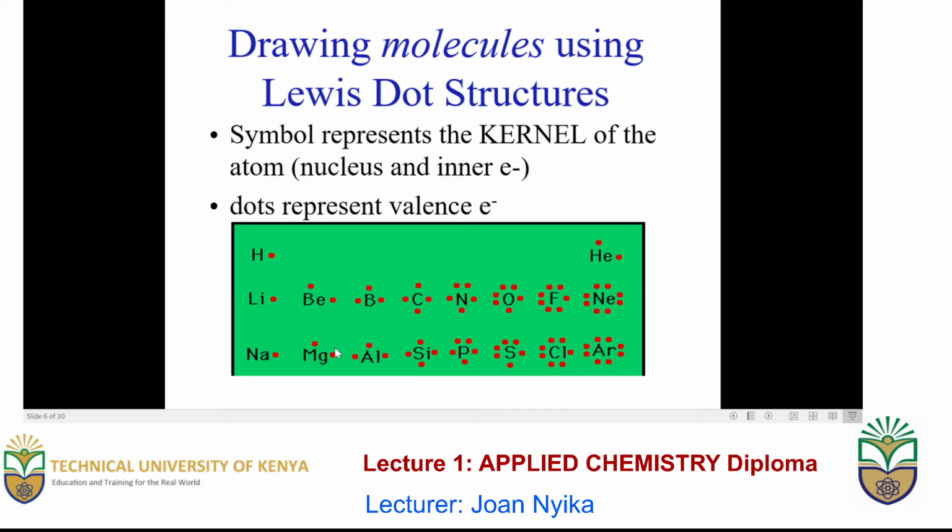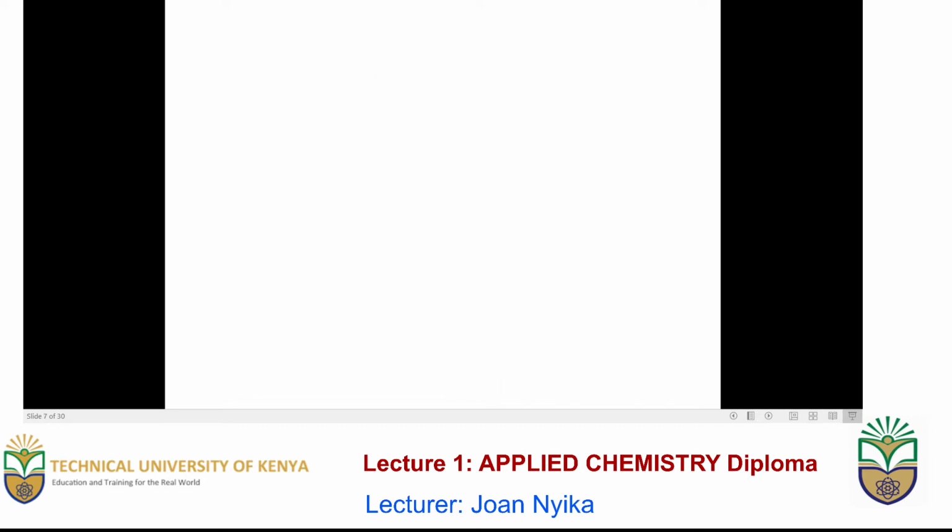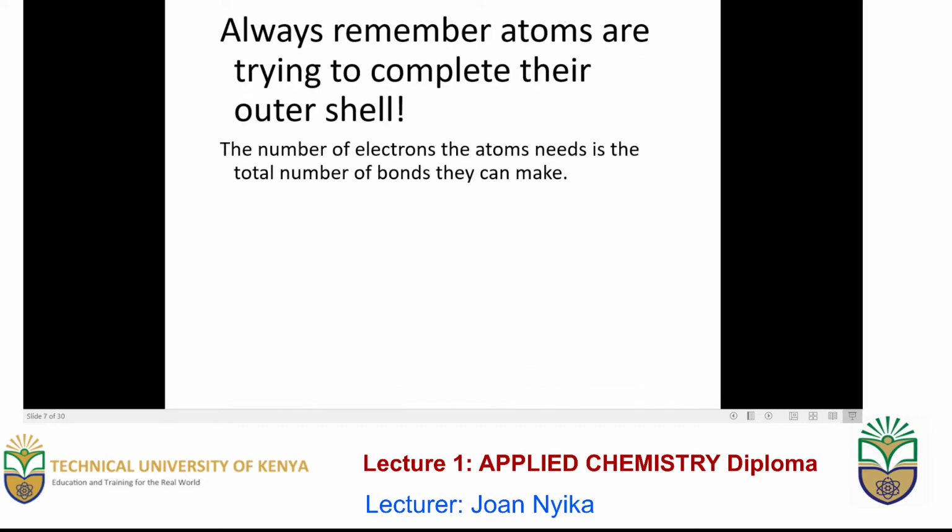The dots also represent the valence electrons, just as was the case with ionic compounds. Then another thing to remember is that the various atoms whose Lewis structure you are trying to complete or draw are trying to gain an octet state.